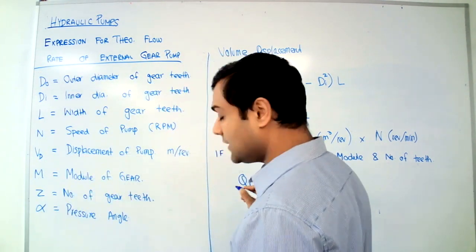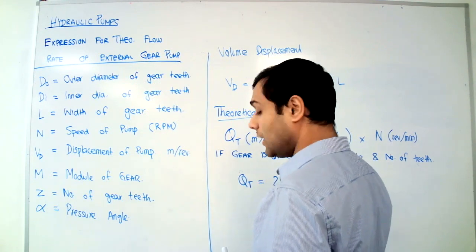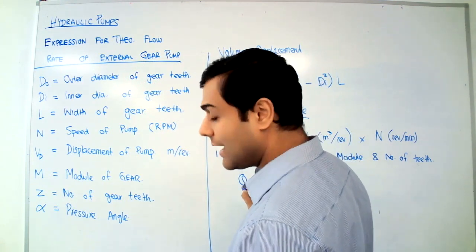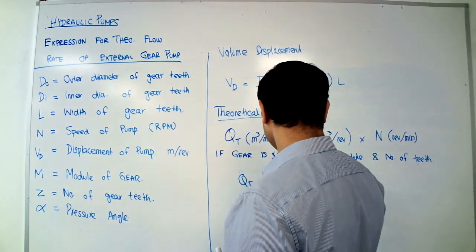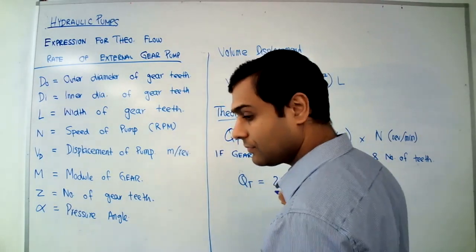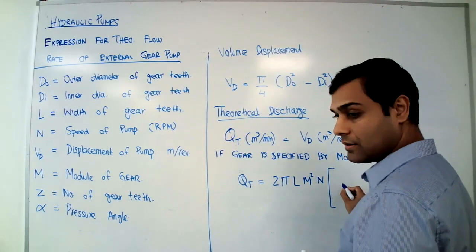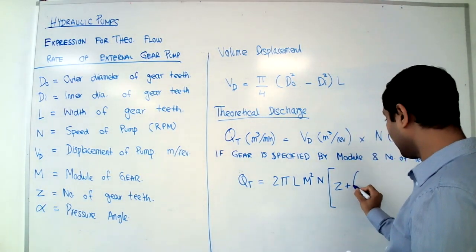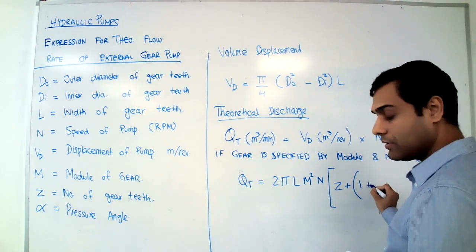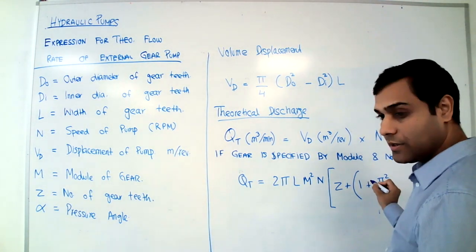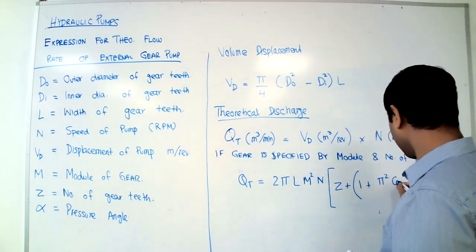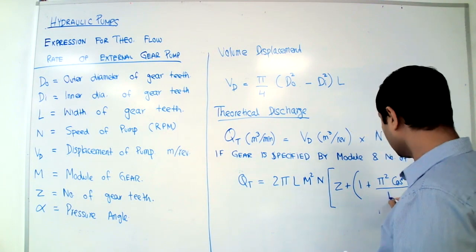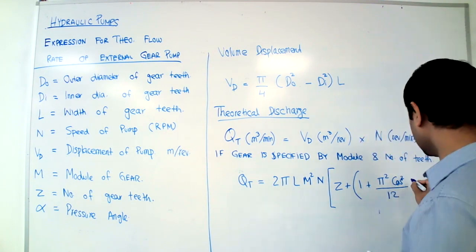QT is equal to pi L m squared n (z plus 1 plus pi squared cos squared 20).